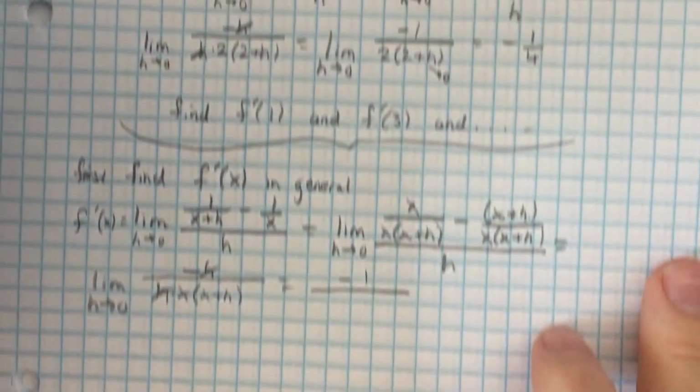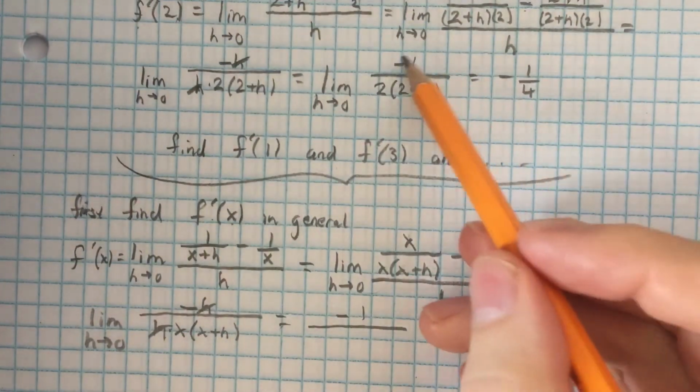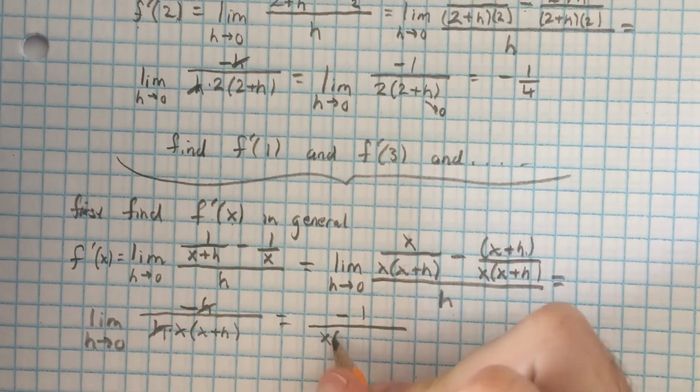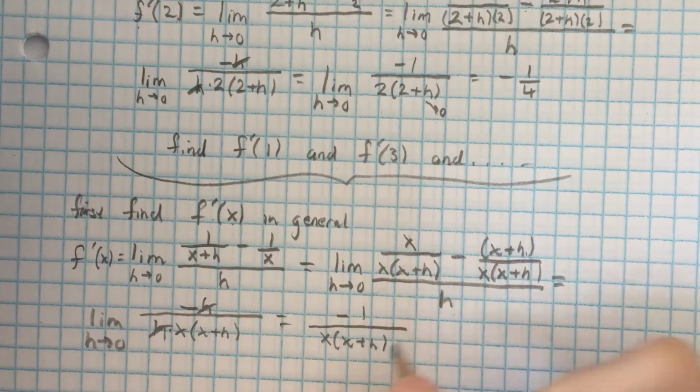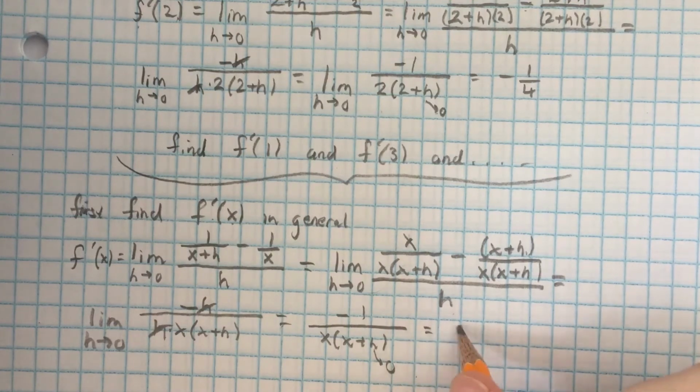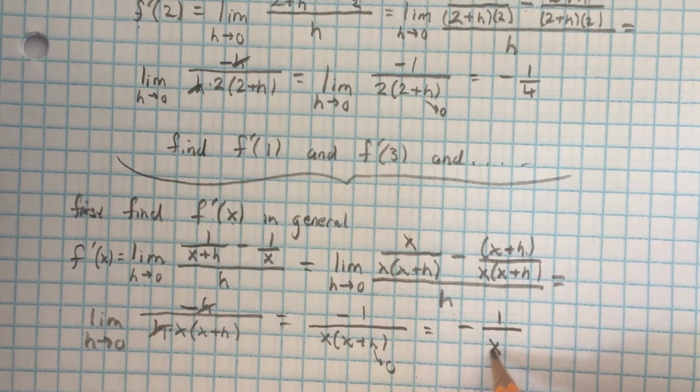Just compare: negative 1 over 2 plus h, negative 1 over x plus h. The structure is basically the same. h is going towards 0, therefore we get negative 1 on x squared.